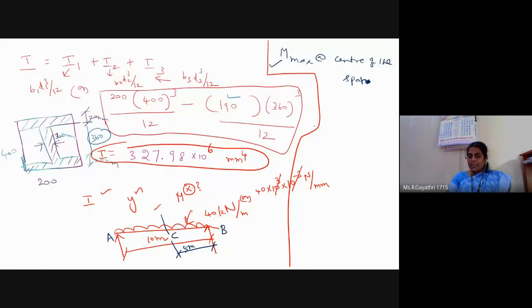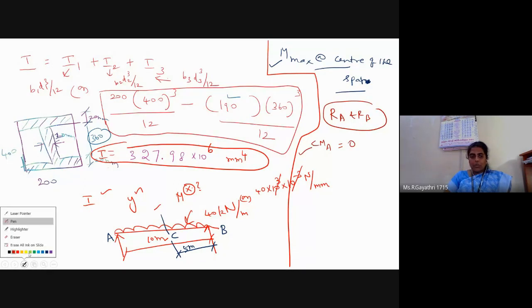Okay, if it is a simply supported beam, first we need to find the reactions RA and RB. We know the moment about A is equal to 0.